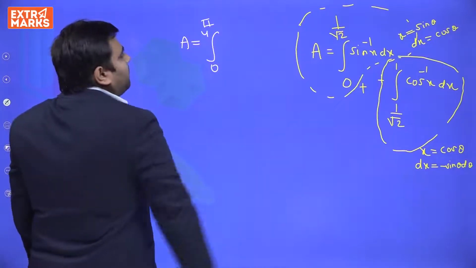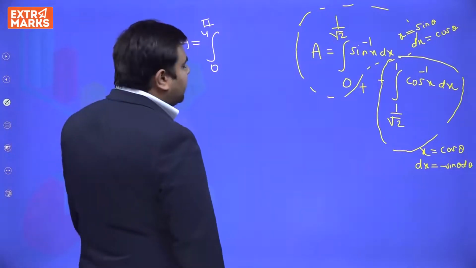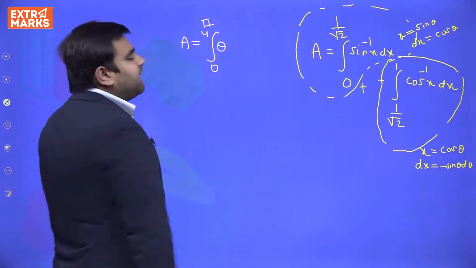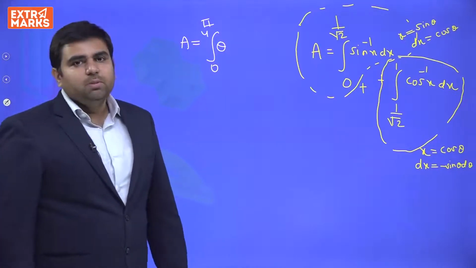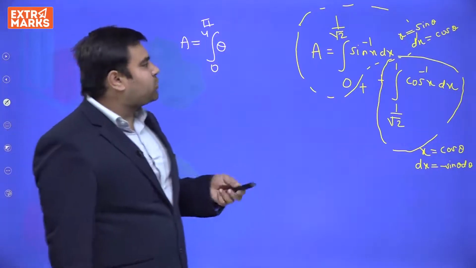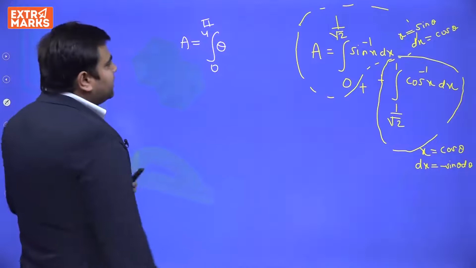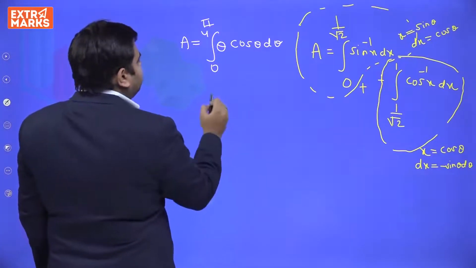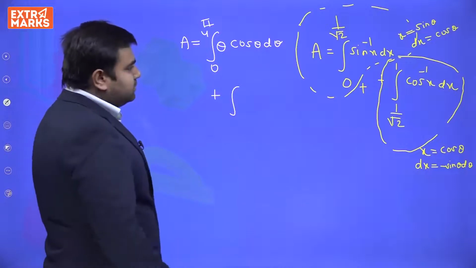So 0 to pi by 4 sine inverse sine theta. What is sine inverse sine theta? It is theta, because theta lies between 0 to pi by 4. And this is theta cos theta d theta plus.